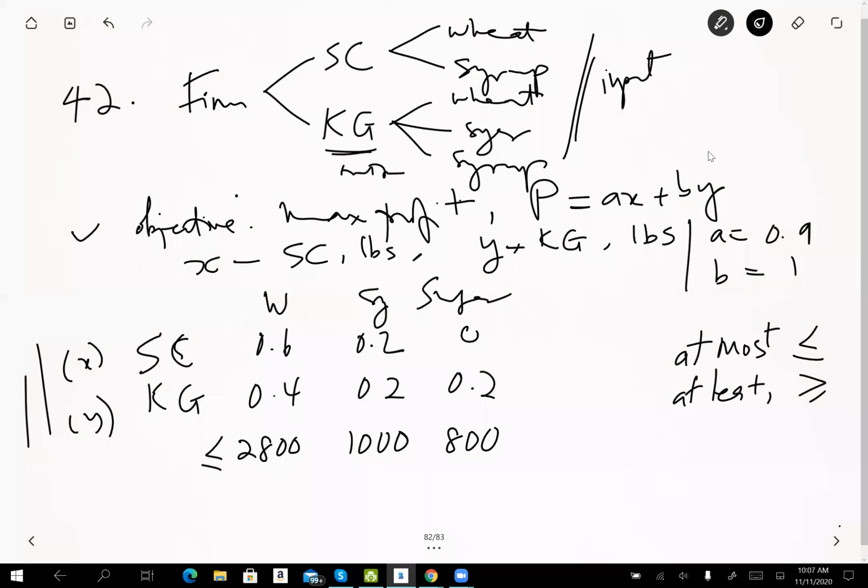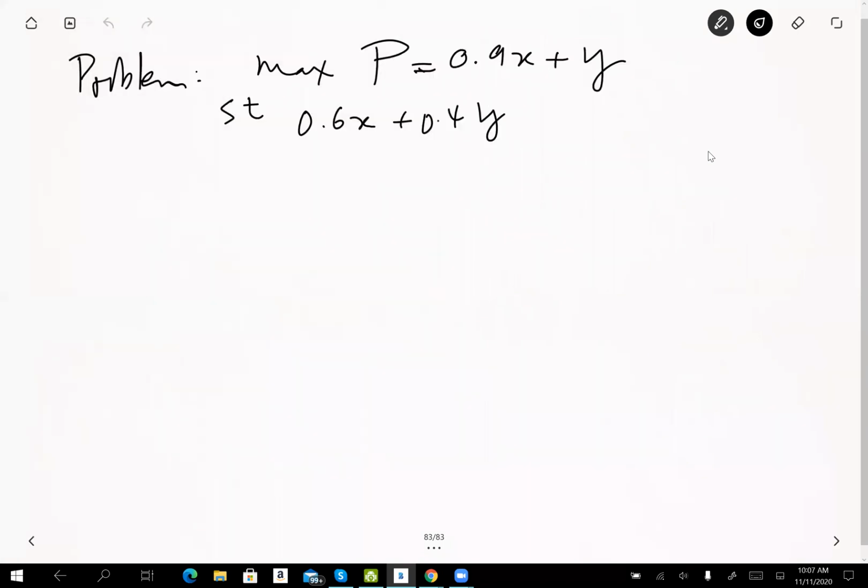So if you look at the syrup, it's also at most. And then for the sugar, at least, okay? I'm sorry, for the syrup, at least. So bigger than. So you have two less than or equal to, and you have one bigger or equal to. So we summarize the constraints: 0.6x plus 0.4y less than or equal to 2800.